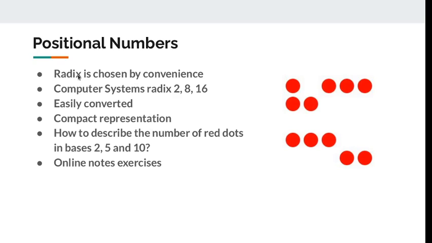So the radix, you can see that the radix is chosen by convenience. For example, in the early days of computers, the engineers and developers tried to use decimal systems, but it's really hard to split the voltage in 10 and keep that reliably. So it's easier: below, let's say, 0.1 volts, it's 0.